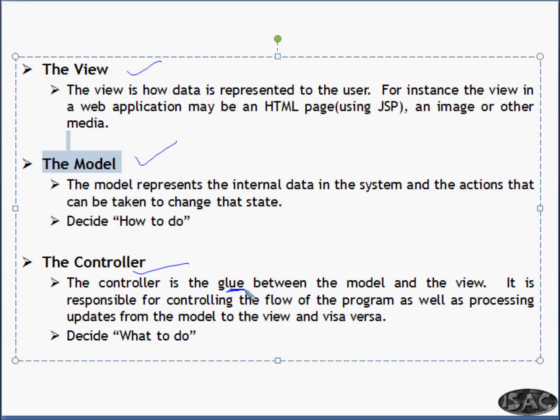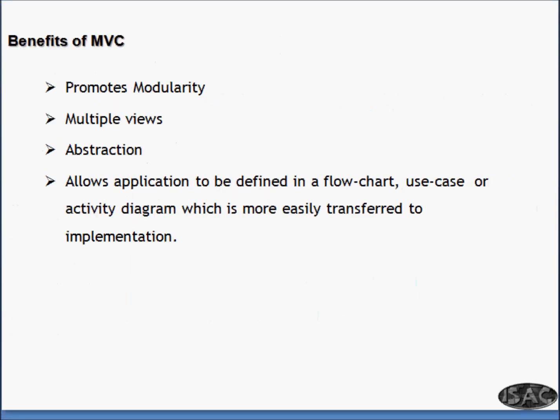It is responsible for controlling the flow of the program as well as processing updates from the model to the view and vice versa. If any update happens to the model, it will come with the JSP page and then render the page to the browser, right? So this is the MVC, model view controller. Now the benefit of MVC is that it promotes modularity.